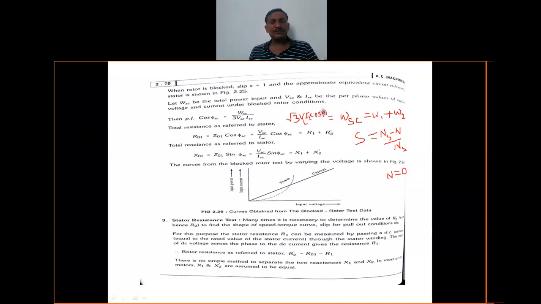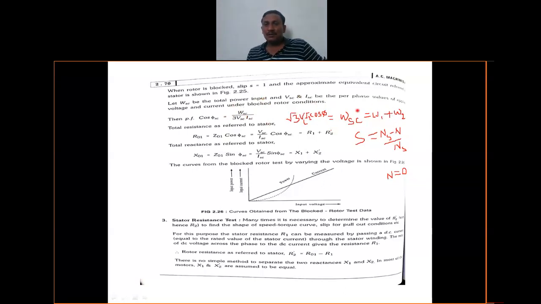But if you consider phase voltage, the formula is 3 into V phase I phase cos phi, where phase voltage is taken. While solving problems we follow this, but in the textbook this is given.